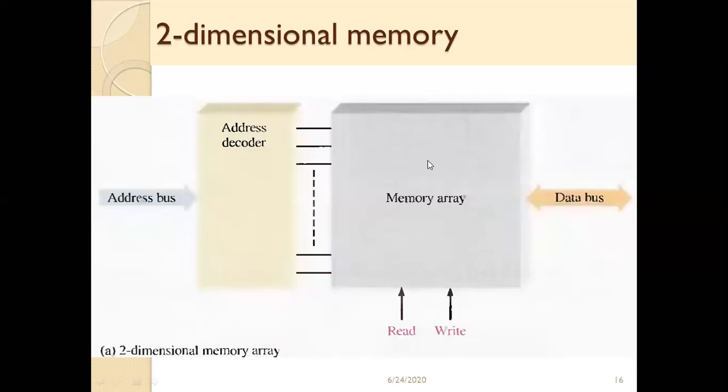I will put that data on the location which is selected with the help of the address lines, and for which the write command is placed with the help of the write line. So now you've seen that this is the data bus which carries data, this is the address bus which carries the address, and these are the control lines which are used for a specific operation, right? Read operation, write operation.